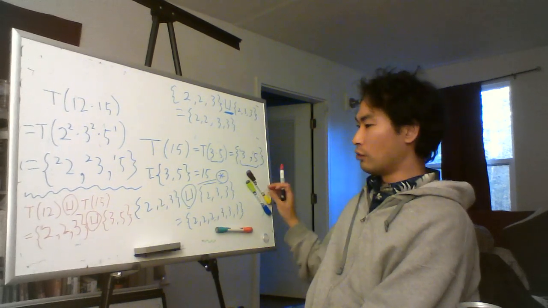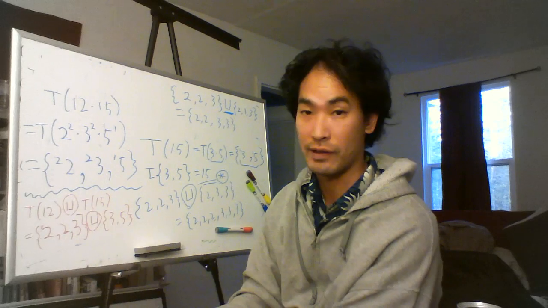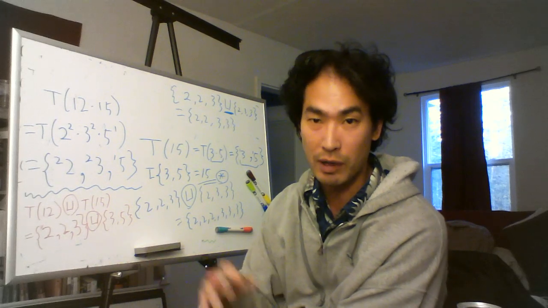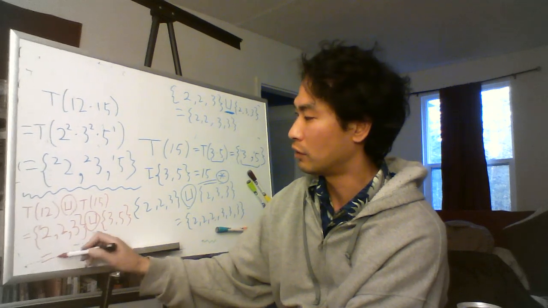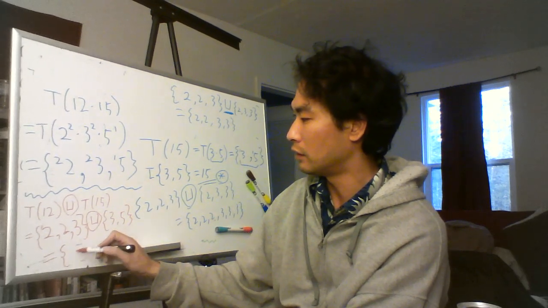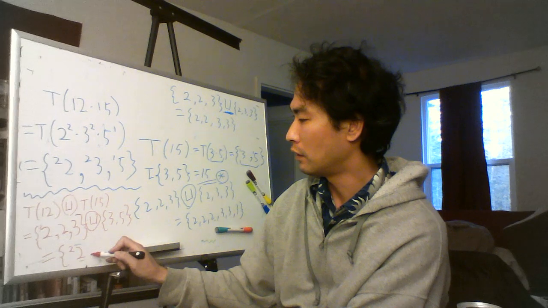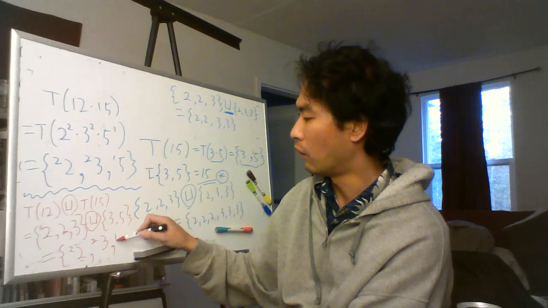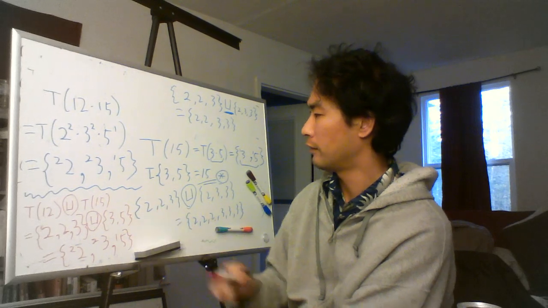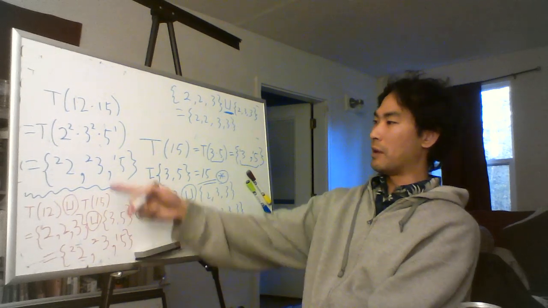So you are just combining everything. You don't care about what is maximum, minimum. You just combine everything. That's why strict union. And then there are two twos and two threes and 1 5. Which is the same as this.